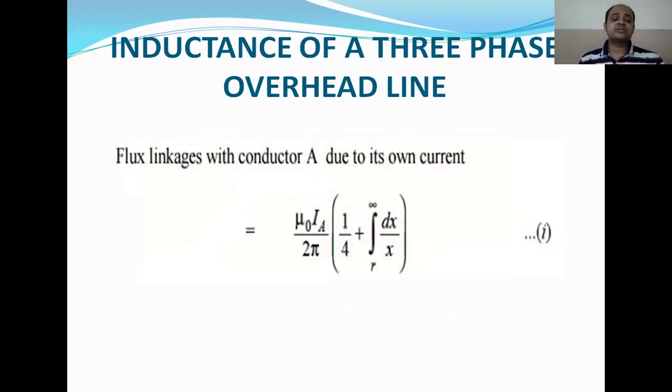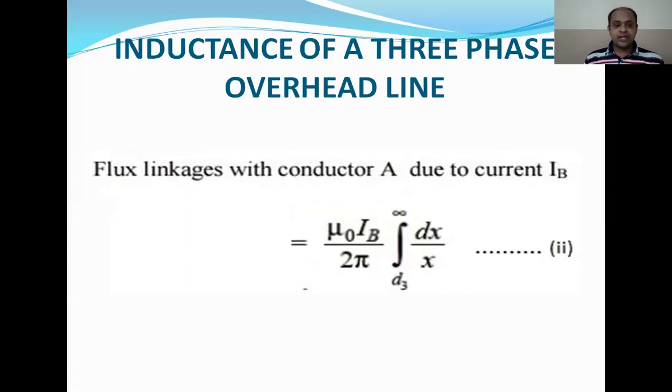We proved the same equation in our lecture 2, and we also discussed how to find the flux linkage of a particular conductor in our lecture 3, where we discussed how to find the inductance of a single phase 2 wire line. So here it is the same. The flux linkage with conductor A due to its own current is equal to mu 0 IA divided by 2 pi into 1 by 4 plus integration r to infinity dx by x. This is equation number 1.